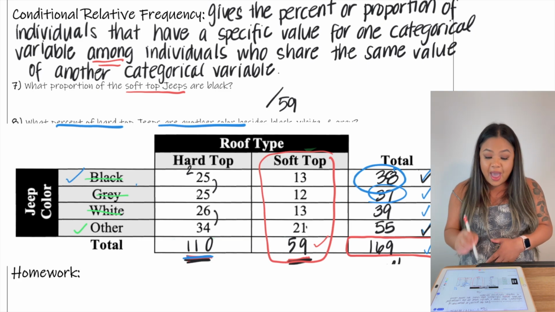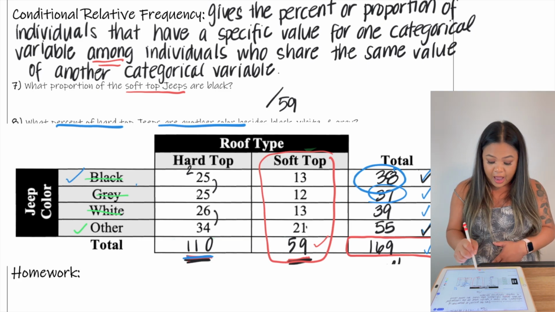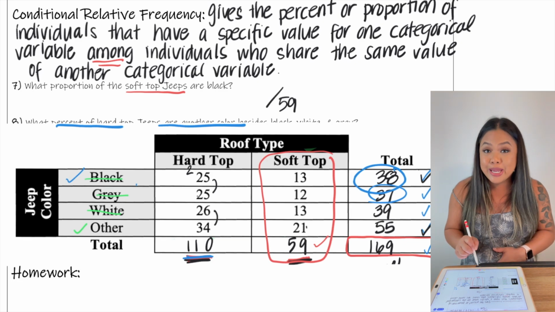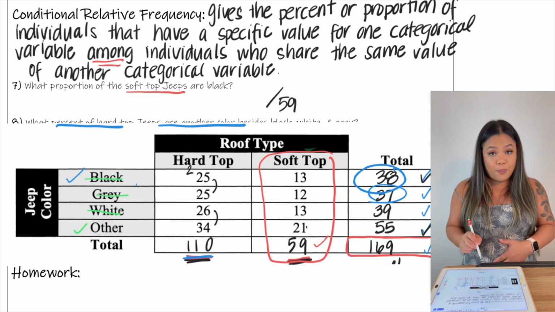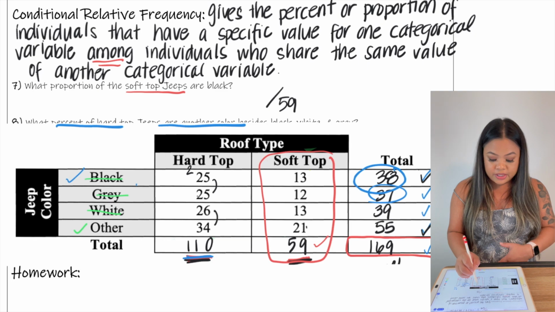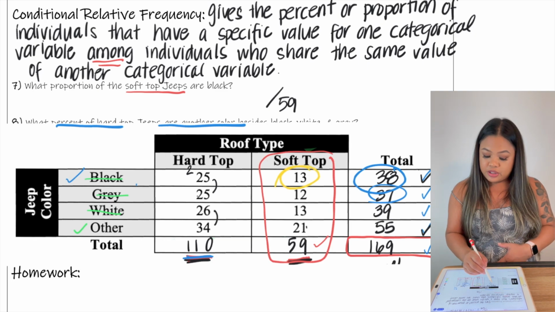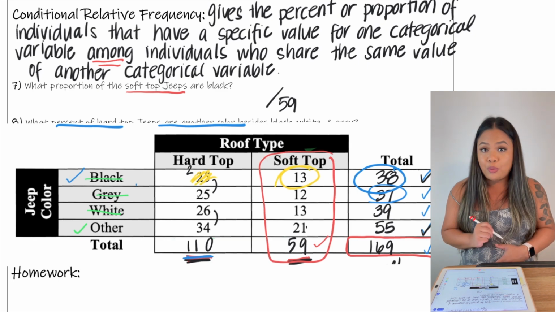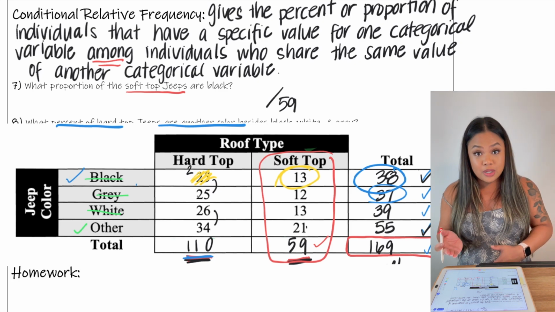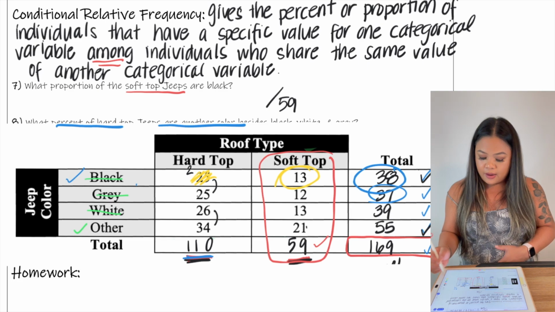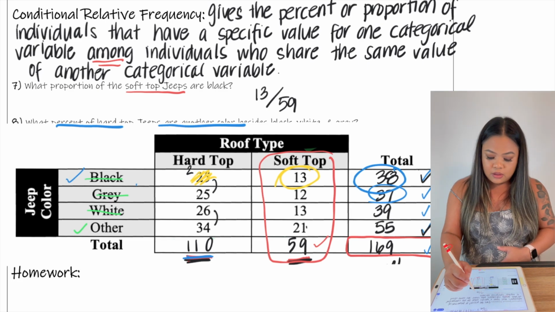So of that soft top Jeep group, out of the 59, how many are black? I hope you're thinking 13, not 25. 25 is not included. Why not? It's not part of the soft top group. We're only looking at the soft top group. So 13 out of 59 is what we're interested in.